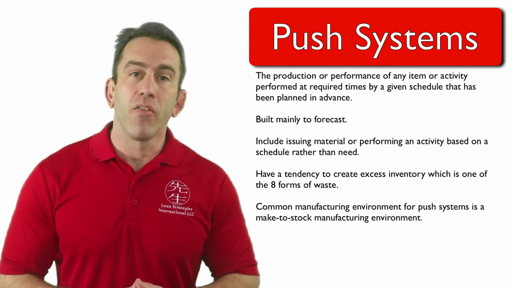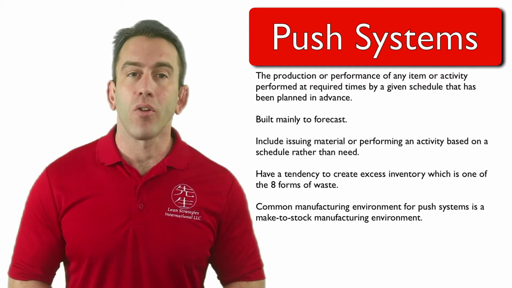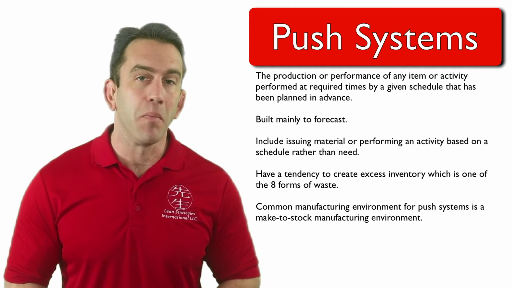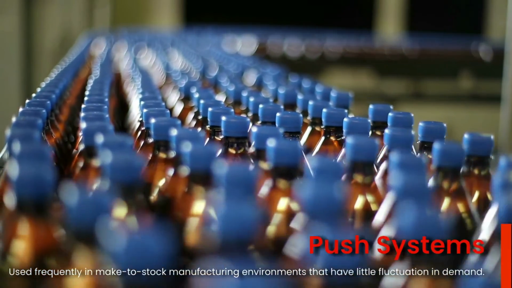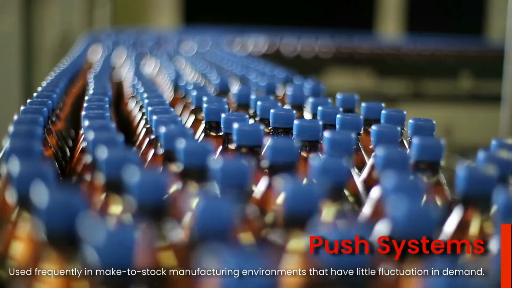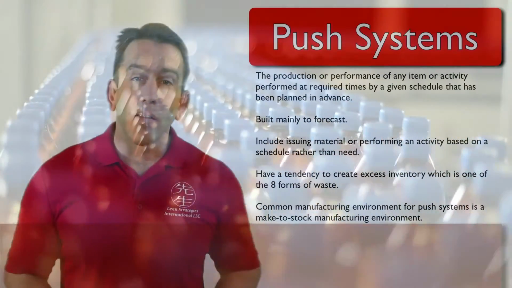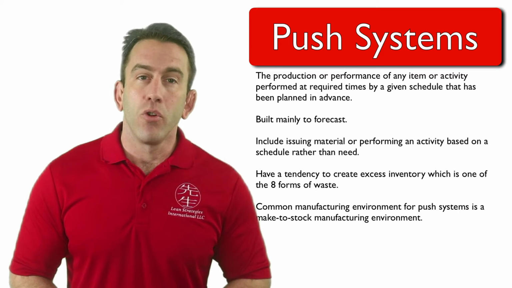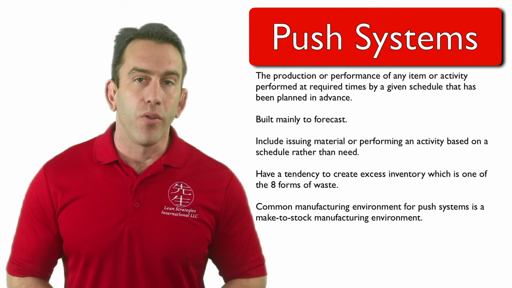A common manufacturing environment for push systems is a make-to-stock manufacturing environment. These types of production environments are often used to produce goods that have almost no fluctuation in demand. In essence, push systems attempt to anticipate future demand using historical data.